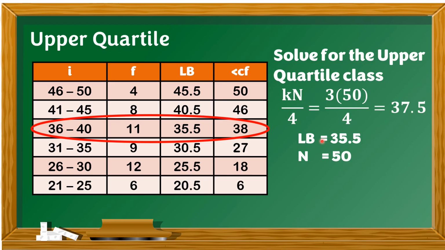Next is for the value of N, which is 50. Next is the cumulative frequency below the upper quartile class, so that is 27. The cumulative frequency below 38 is 27. Next is for the frequency of the upper quartile class is 11, and the interval is 5.